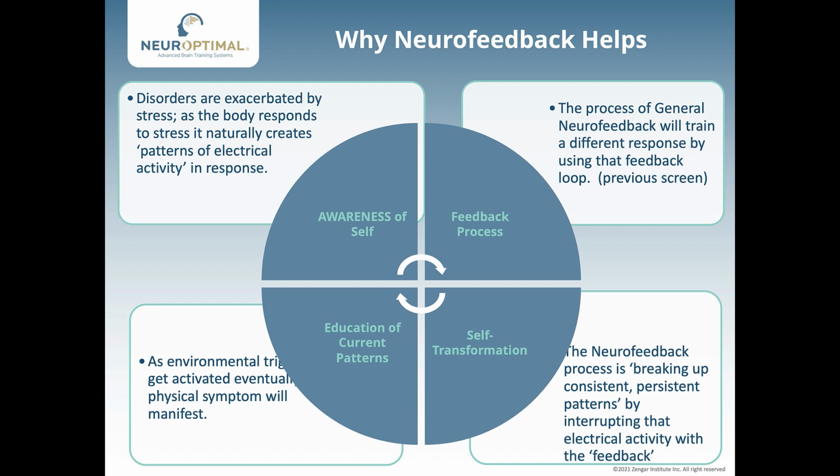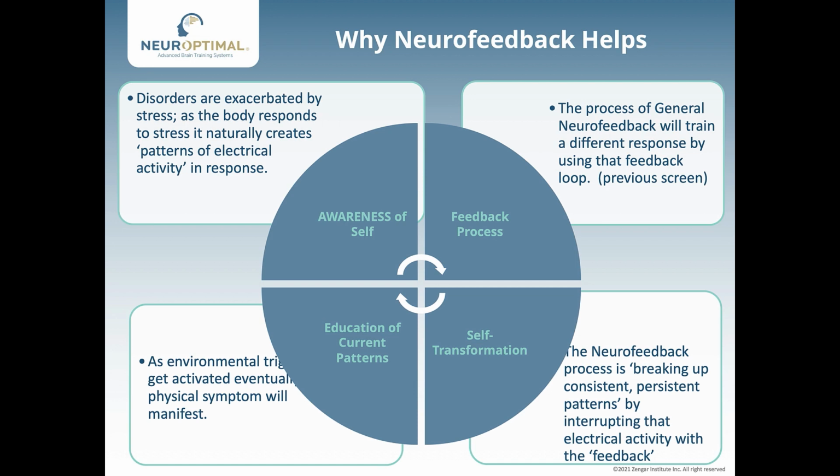It's staying exactly the same, so that it can recreate the anxiety or the depression or the problem, the symptom that is being produced right now. Because if you stopped producing that consistent, persistent pattern, then you wouldn't be anxious and you wouldn't be depressed.